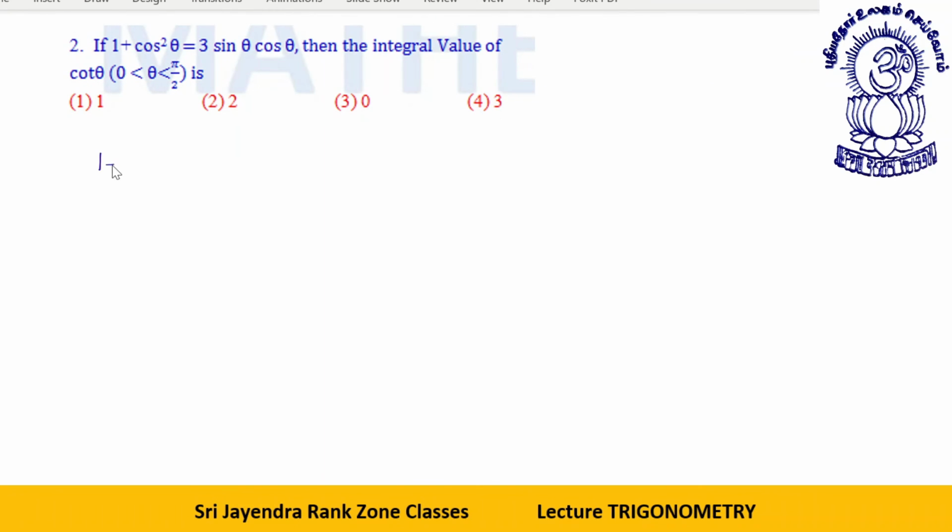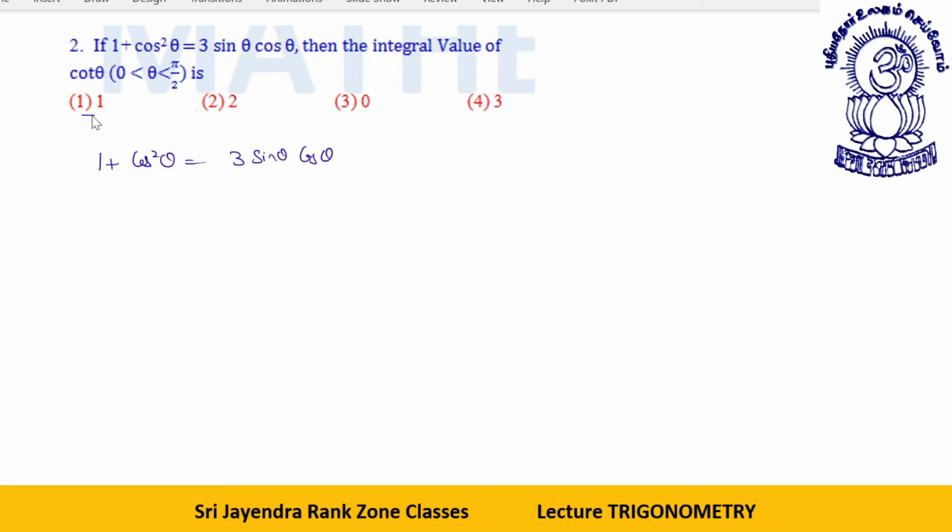We are given 1 plus cos square theta is equal to 3 sin theta cos theta. Then the integral value of cot theta is, see students, we can directly try it by options. Okay, fine. Let's try directly with the options.